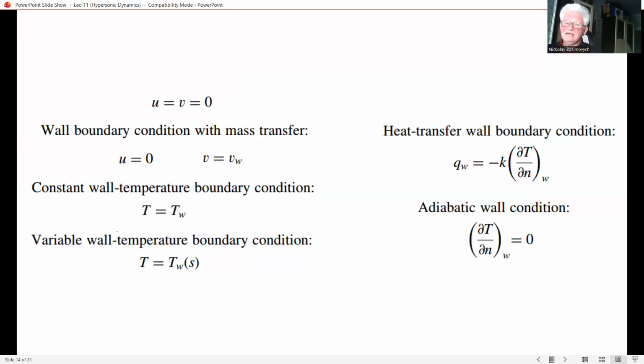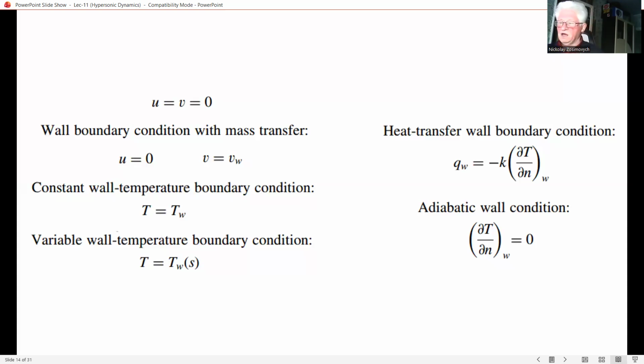Unfortunately, in a high-speed flow problem, the wall temperature is usually one of the unknowns, and we cannot utilize either previous equation. Instead, the more general condition of temperature at the wall is given by Fourier's law of heat conduction.